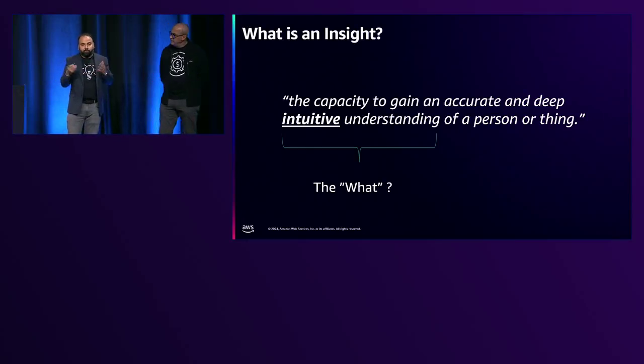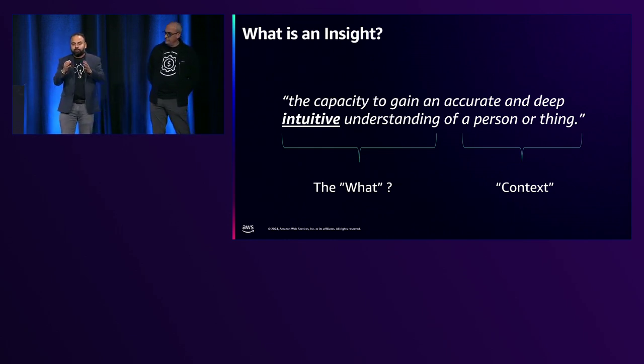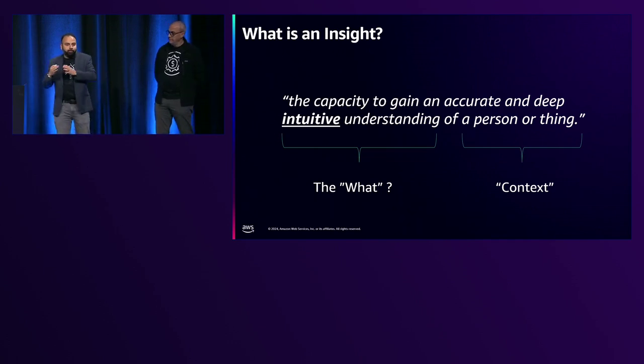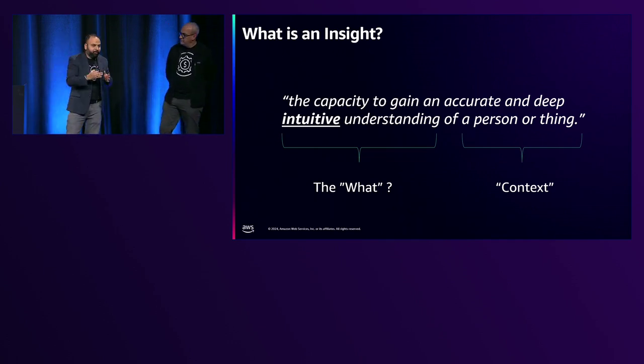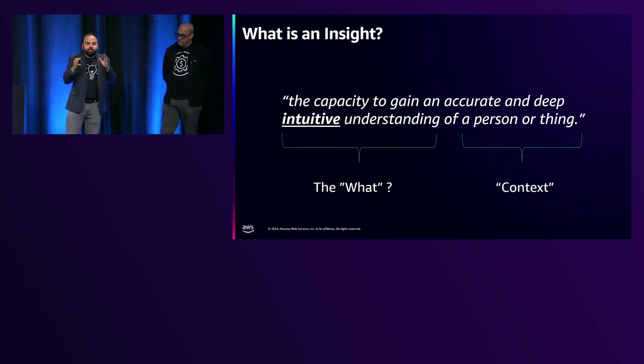The what. The other key part of this definition is the context in which you're trying to learn. You're trying to learn something about a person or a thing. In the case of observability, you're trying to learn about an event that happened at a certain time, or something that happened with a component in your application. So there's a context and the what.